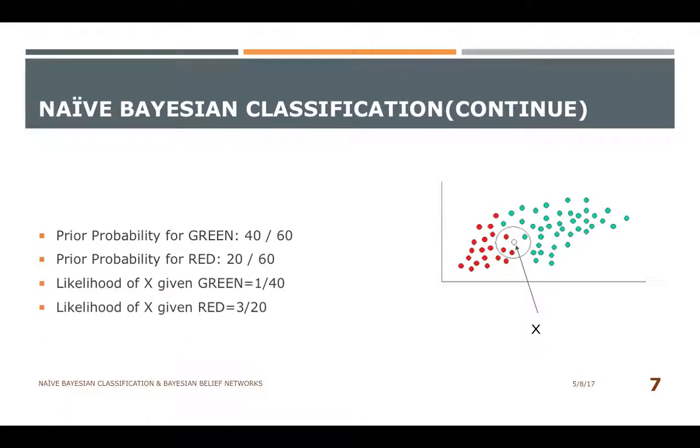We will also calculate the likelihood of X, the newly inserted object, given green, which is 1 by 40, and the likelihood of X given red, which is equal to 3 by 20, because we consider the nearest elements to calculate the likelihood.